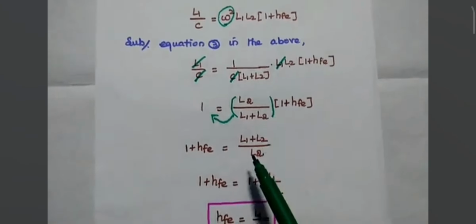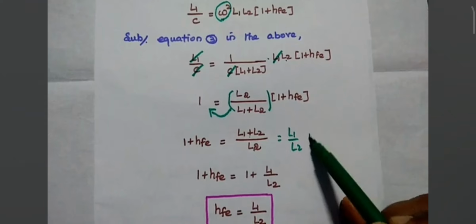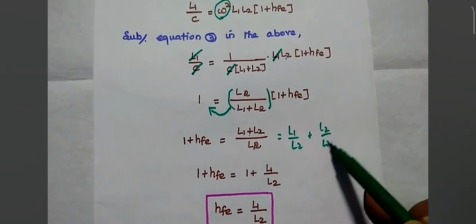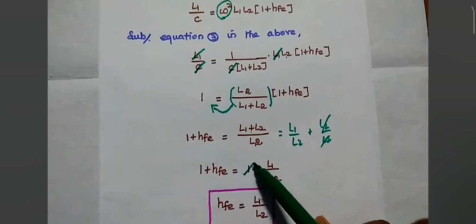Moving this side, we can get 1 plus HFE is equal to, this L2 is common for both the terms, that is L1 by L2 plus L2 by L2. So this term becomes 1. So 1 plus L1 by L2, this 1 and 1 cancel each other.